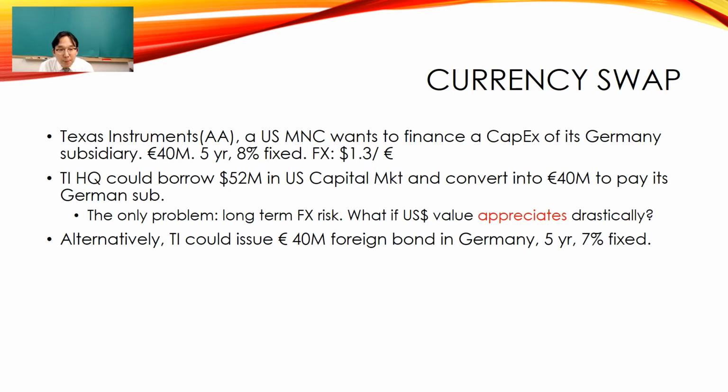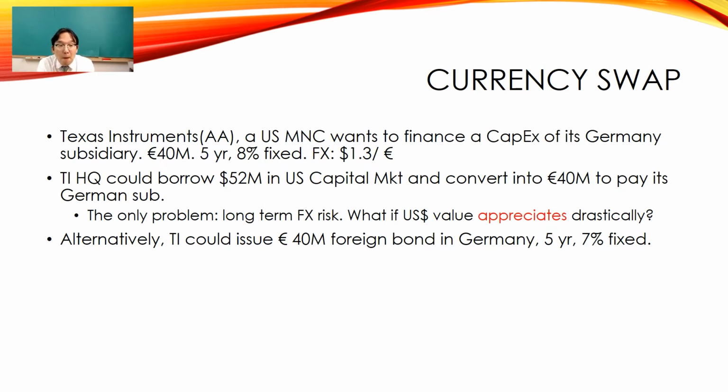Anyway, this company is AA rated in that market and a US multinational corporation, and it wants to finance a capital expenditure of its German subsidiary. Okay, they do business in Germany, and then they need 40 million euros worth of money to finance their maybe R&D, maybe production, or maybe distribution.